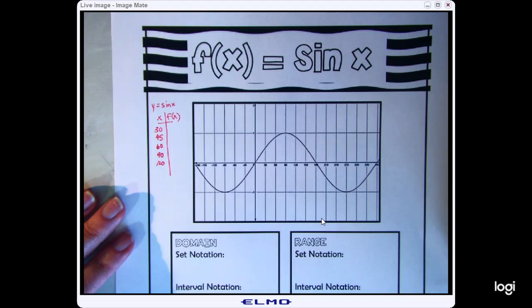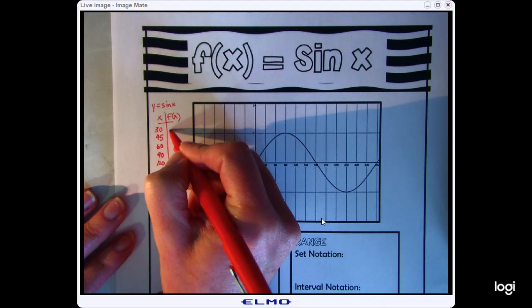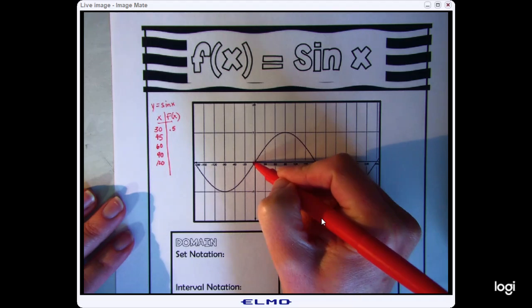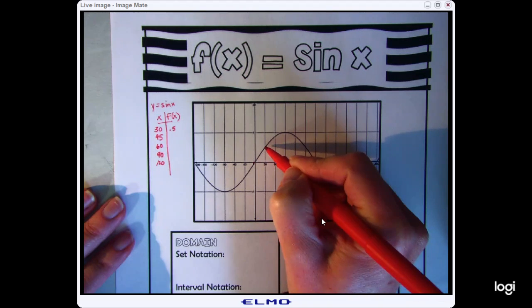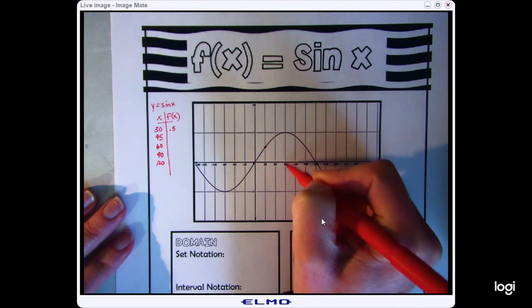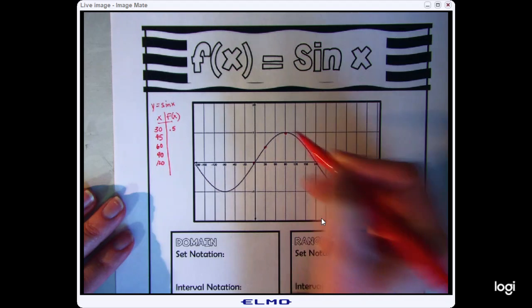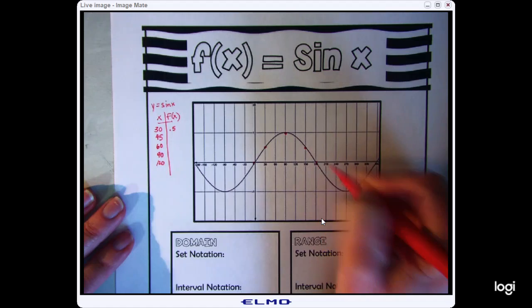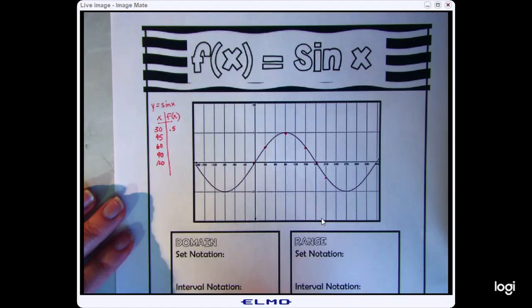And I'd have you type in your calculator, and you'd find that they would all fall. Like here, the sine of 30 is half, the sine of 90 is 1, the sine of 120 is half. And when you sketch this, we would have this beautiful sine wave.